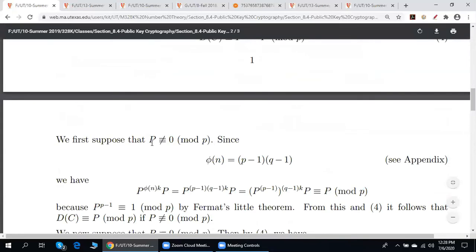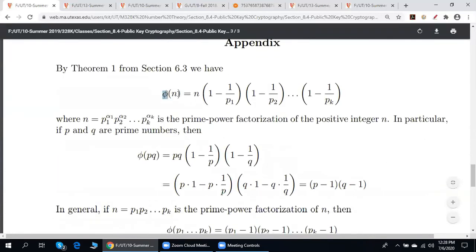Sub-case number 1: p is not congruent to 0 modulo p, which means p is not divisible by lowercase p. As we discussed in the appendix, we show that phi of n is equal to this. Here's the proof. We start with a general formula. Since n is equal to pq, we simplify this expression, and we get this.